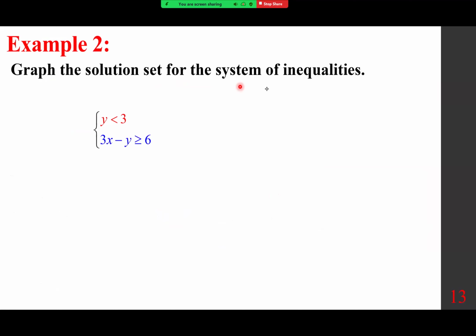Graph the solution set for the system of inequalities where y is less than 3 and 3x minus y is greater than or equal to 6. Of course, you easily recognize that, to get the solution for this, the line is y equals 3, which is a horizontal line.